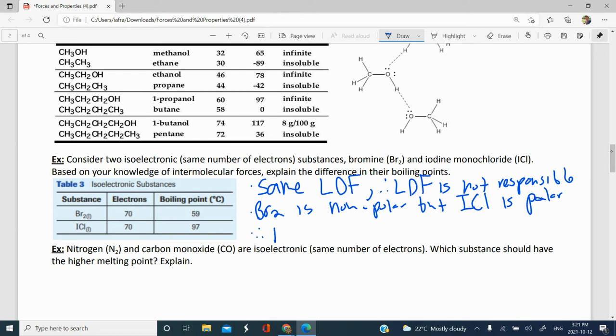Therefore, ICl has both LDF and dipole-dipole. So it's really the fact that they have the same LDF, so LDF is not responsible. What's different is their polarity. Br2 is nonpolar, ICl is polar. So because of that, we know that ICl has both LDF and dipole-dipole, which requires more energy in order to boil it.